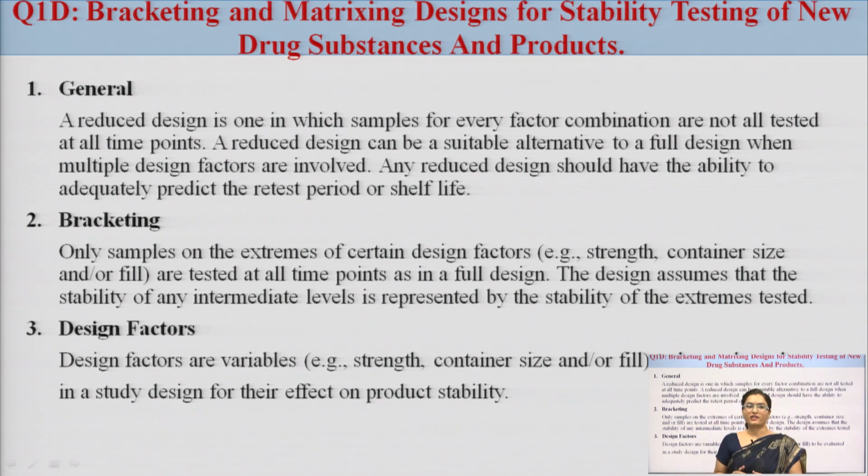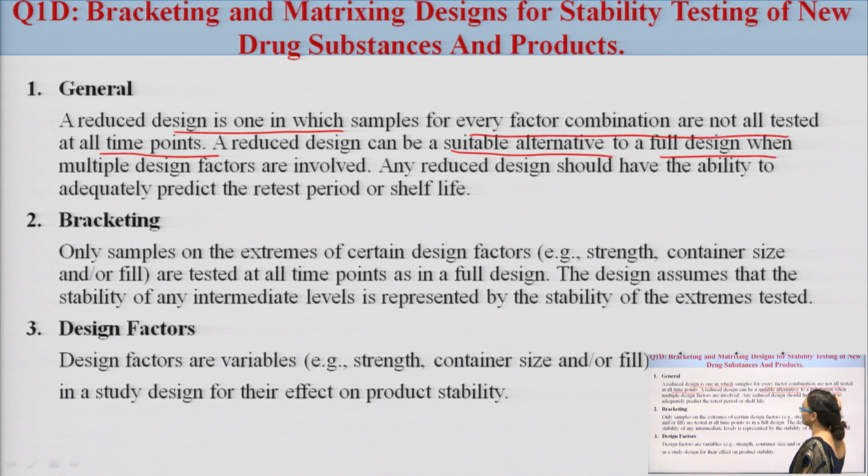This guideline is for bracketing and matrixing design for stability testing of new drug substances and new drug product. A reduced design is one in which samples for every factor combination are not all tested at all time points. A reduced design can be a suitable alternative to full design when multiple design factors are involved.